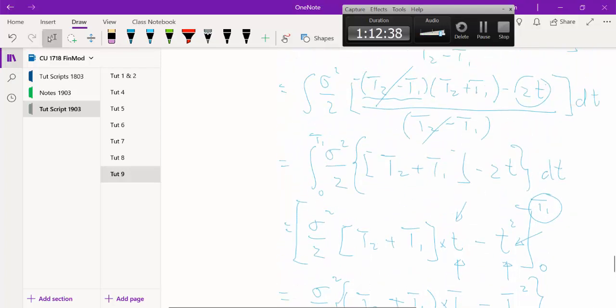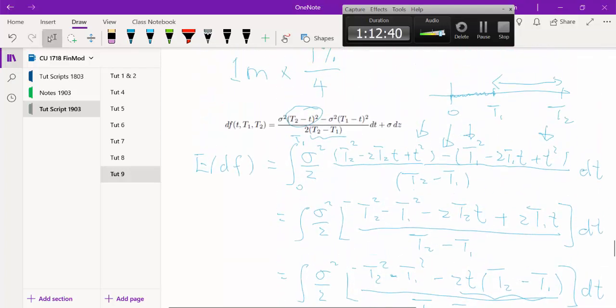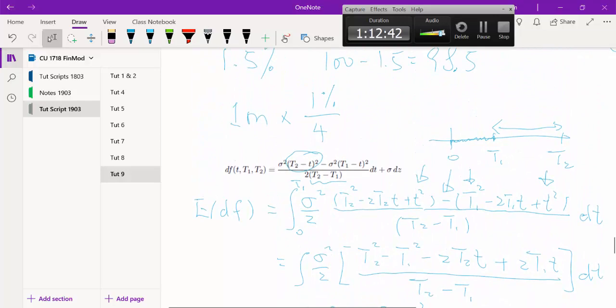So notice one thing of interest: all I did was I took the standard definition of a forward rate, this one, okay? I took a standard definition, and then there's no argument about that.